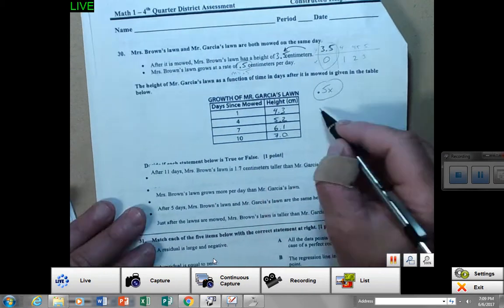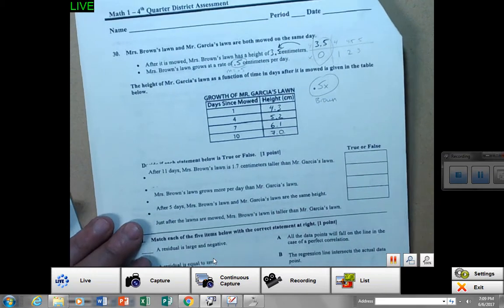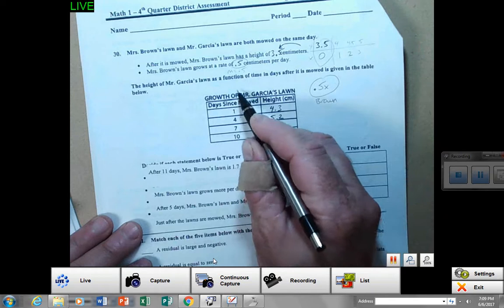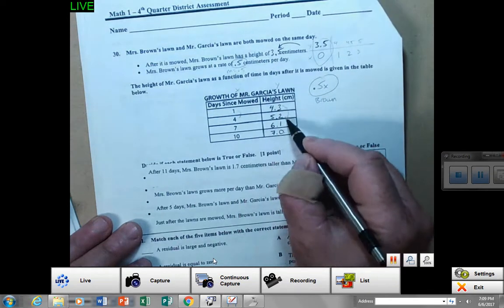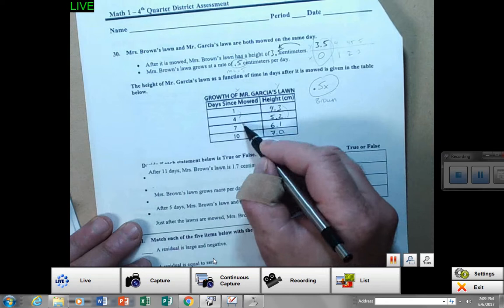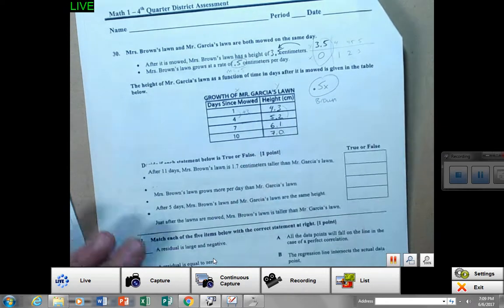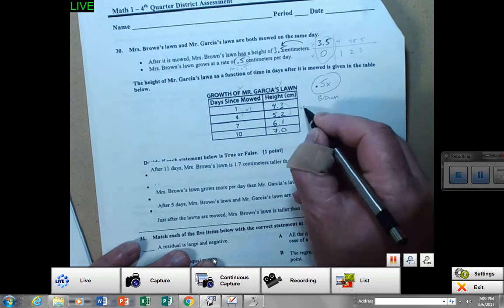Alright, I need to now find the rate of change for Mr. Garcia. So again, this is Mr. Brown. Mr. Garcia, to find its rate of change, again, this is X. This is Y. Find the change in Y. Divide it by the change in X. This is changing by 3. If I take 5.2 minus 4.3, I get 0.9.